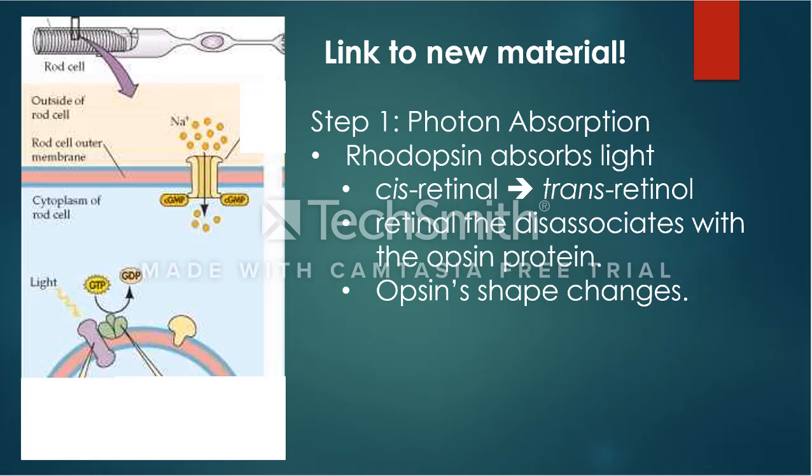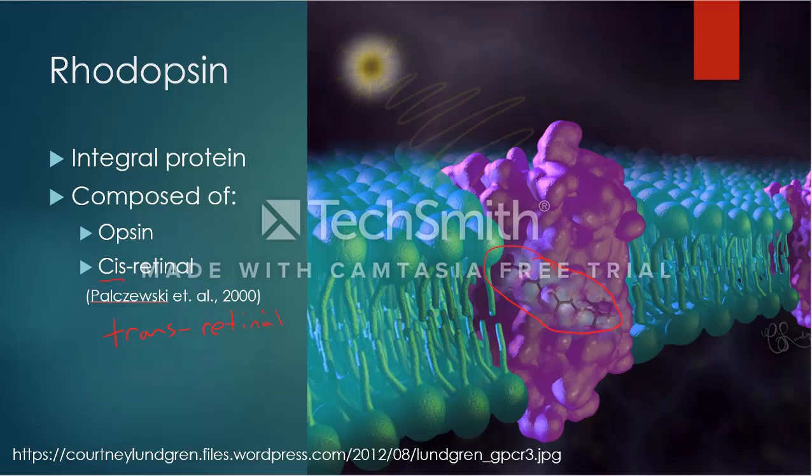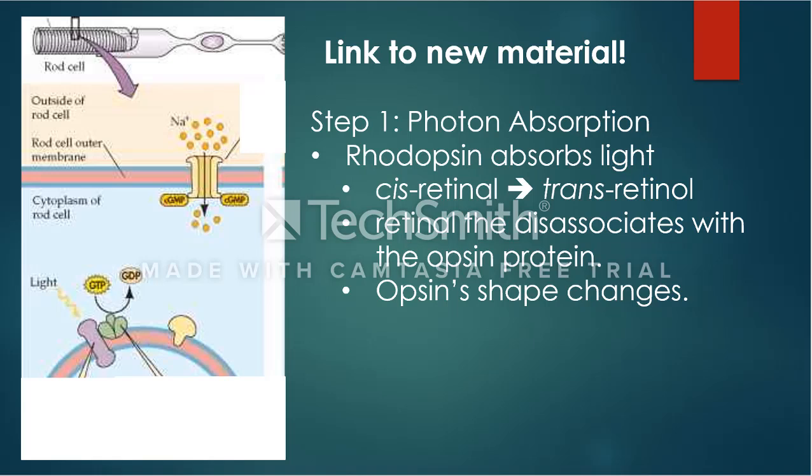All right, so step one. The first thing we have to do is absorb a photon of energy. That is done inside the rhodopsin molecule, more specifically by that cis retinol molecule. If you remember, the cis retinol is what's inside the opsin. This molecule will absorb a photon, and when it does, it will change from a cis retinol into a trans retinol.